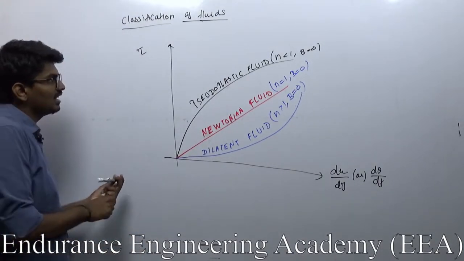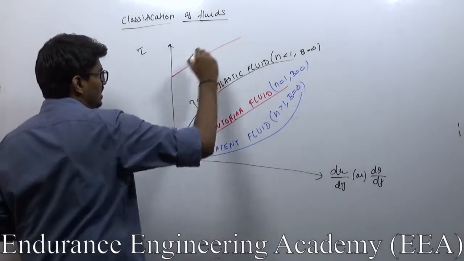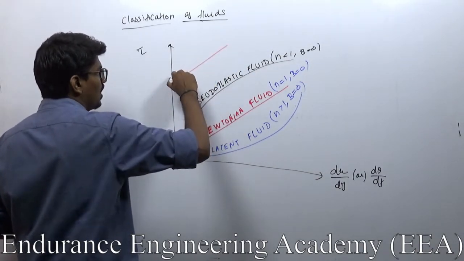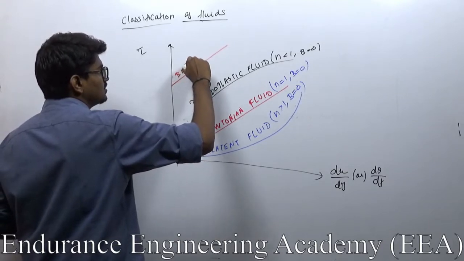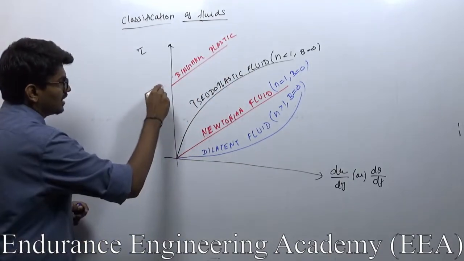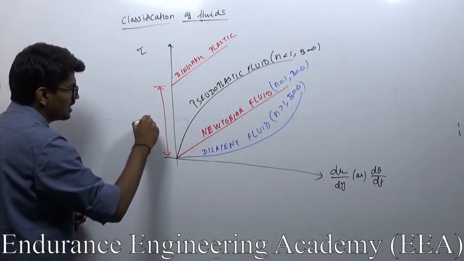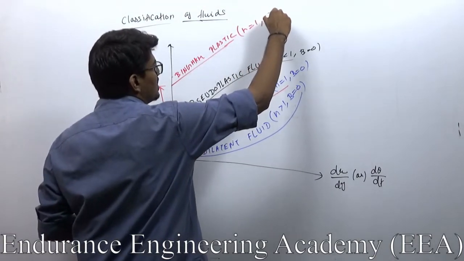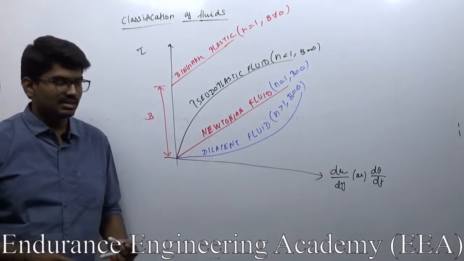And finally, we discussed Bingham plastic, or ideal plastic, for which n value is equal to 1 and b value is not equal to 0.